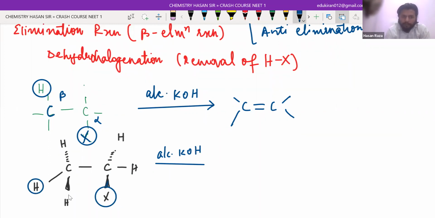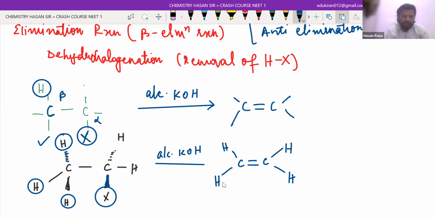You can see there are 3 beta hydrogens, but you remove the hydrogen which is opposite of this. The opposite of the solid wedge is the dash wedge. So you remove this and you will get this product. Here it won't affect whatever you are going to write, but you need to understand what anti-elimination is.